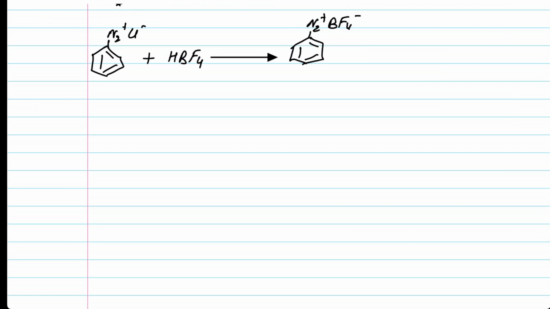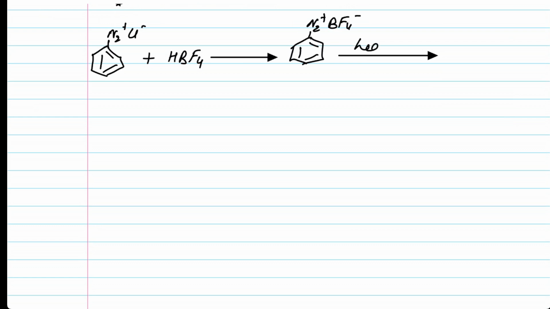Now, when we talk about this particular compound, this again is a diazonium salt, but it is a stable diazonium salt. It can actually be prepared and stored under refrigeration. Of course, it's not that stable that we can put it anywhere, but it happens to have a certain stability. This particular diazonium salt can be used to prepare many other compounds. But in this case, we are using it to convert to fluorobenzene.